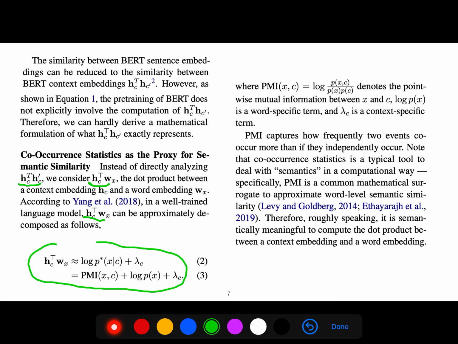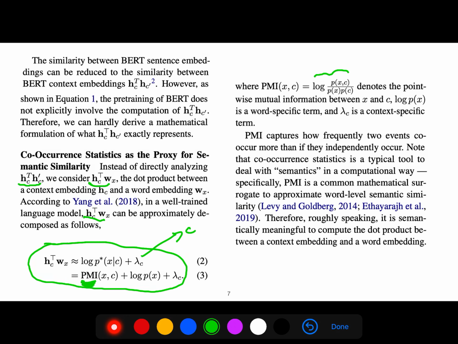We approximate this dot product. And this PMI, there are many papers on this PMI, which is pointwise mutual information. And log here is a word specific term, and lambda c here is a context specific term.